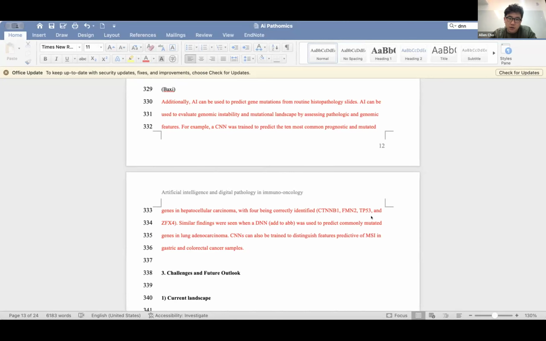DNN was deep neural networks and CNN was convolutional neural networks. Such language is not routinely used in medical journals, maybe in AI journals. So you do have to write it out sometimes or explain what it is.